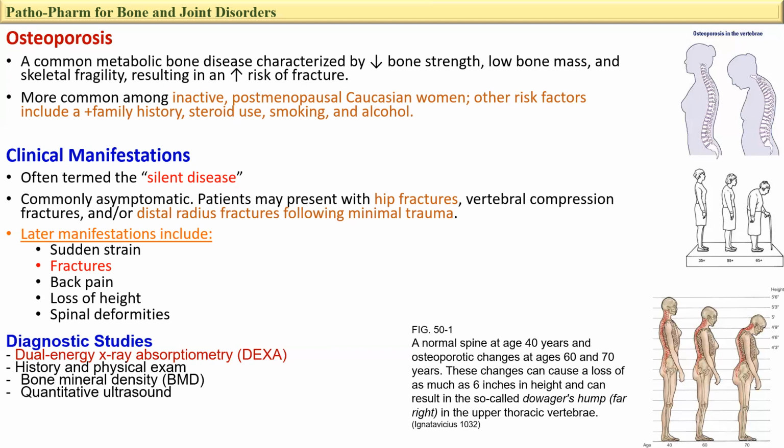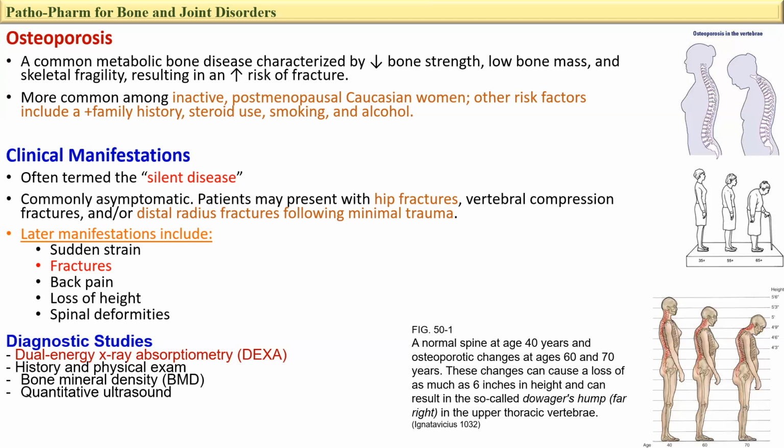Clinical manifestations: it's known to be termed as a silent disease because there are no symptoms. The patient is asymptomatic until the patient presents with hip fractures, vertebral compression fractures that result in loss of height, progressive thoracic kyphosis.